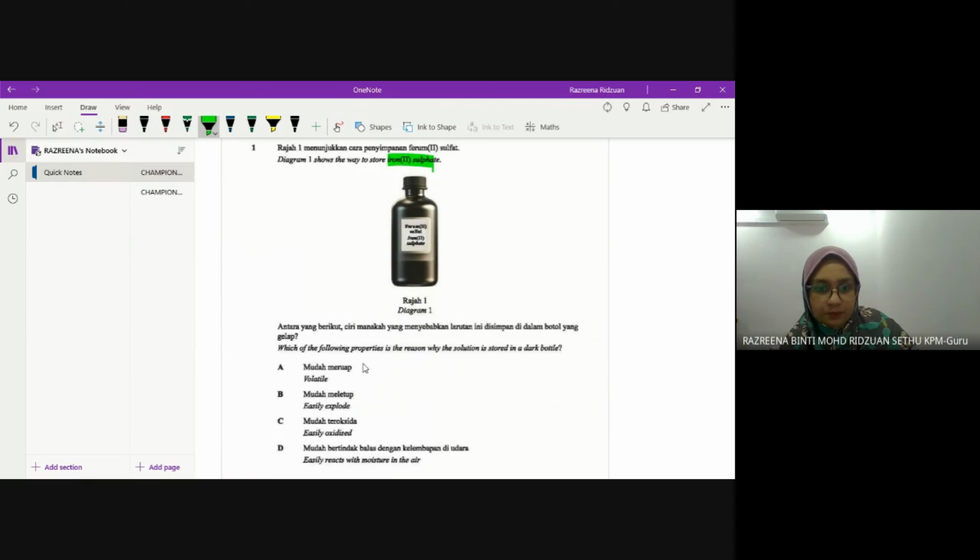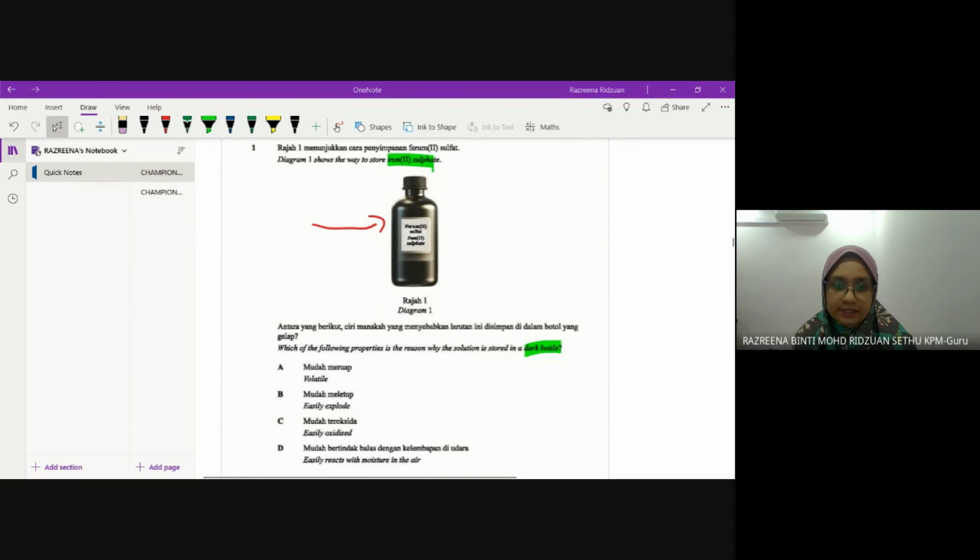Which of the following properties is the reason why the solution is stored in a dark bottle? You can see it is stored in a dark bottle, usually a dark brown bottle. Answer A, volatile; easily explode; easily oxidize; or easily react with moisture in the air.